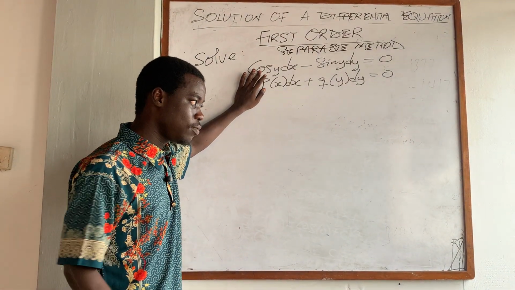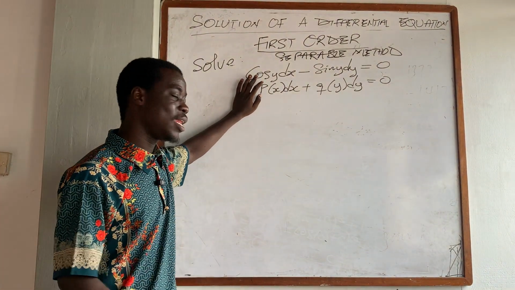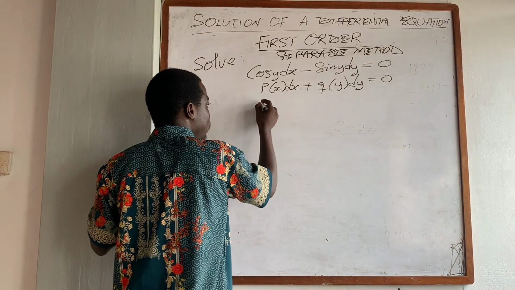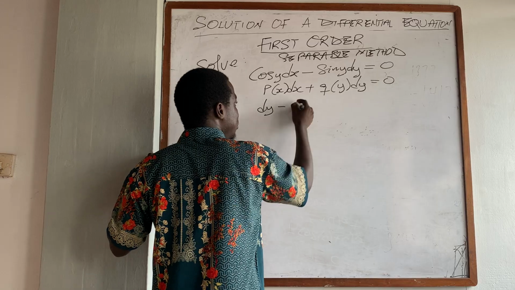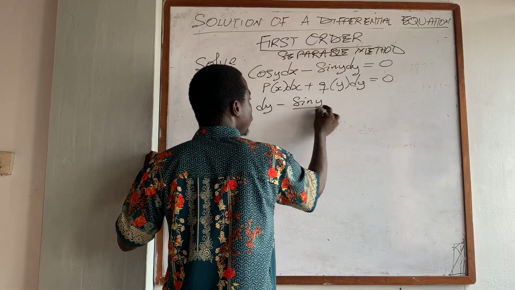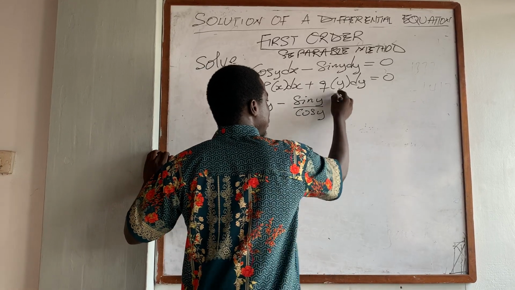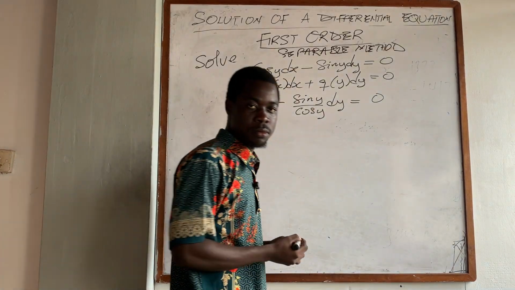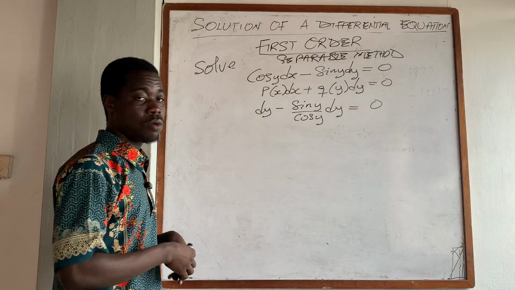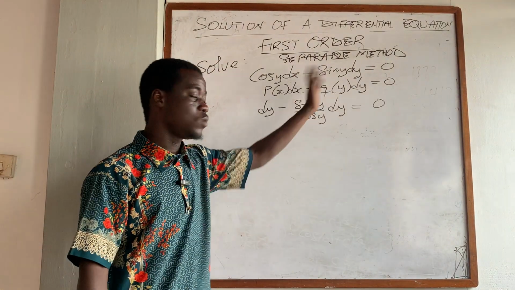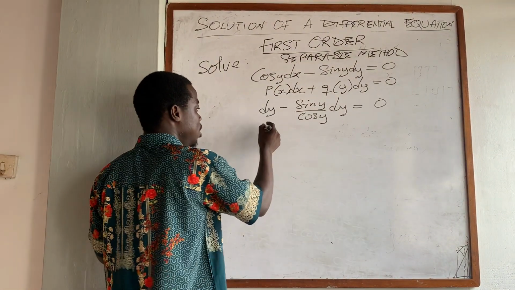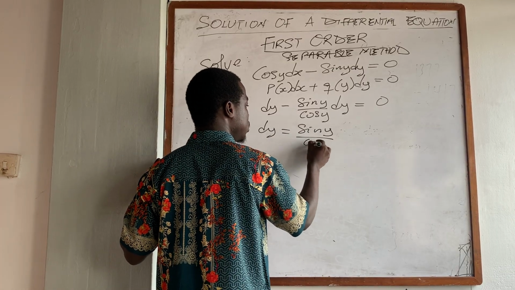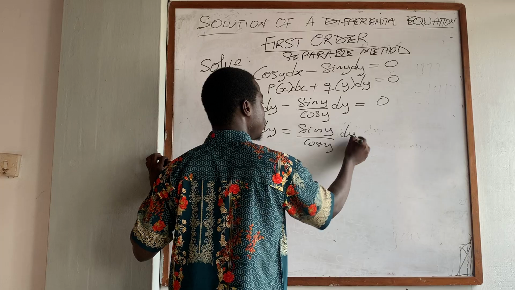So it means that if I divide through by that, this one will be part of this, right? So if I do that, I will get dx minus sine y over cos y dy, and it should be equal to, if we divide, still you will get 0. So this is true. Now, because I want to find the solution, I'll take this one to the other side, meaning I will get dx is equal to sine y over cos y dy.